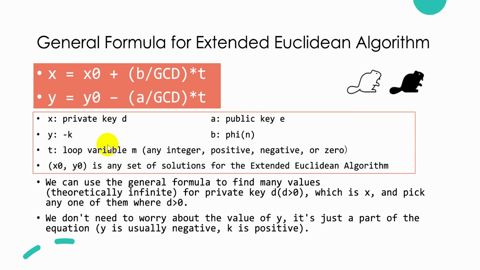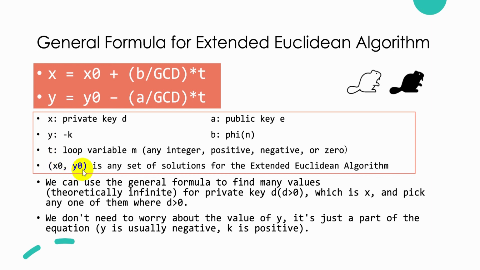And then t is just a loop variable m. It can be any integer. It can be positive, negative, or 0. So because we want the private key d to be a positive integer, if we get a negative integer, then we can change the value of t to find a positive one that we can use.